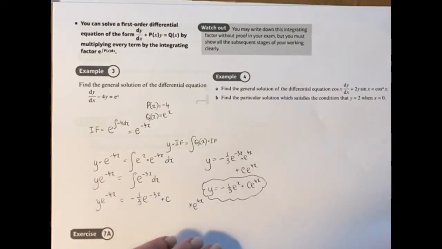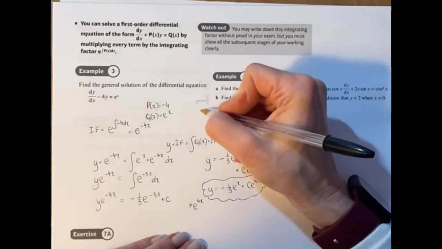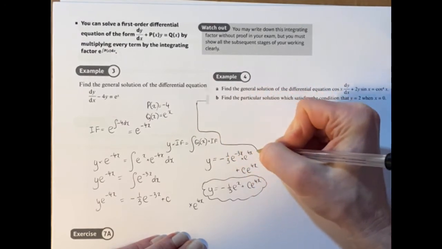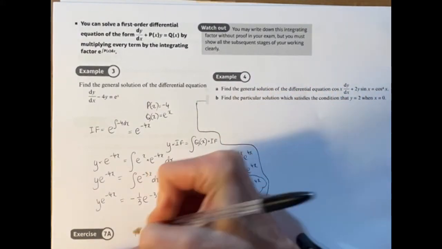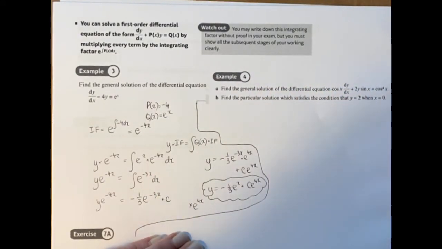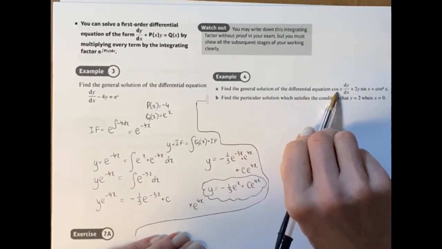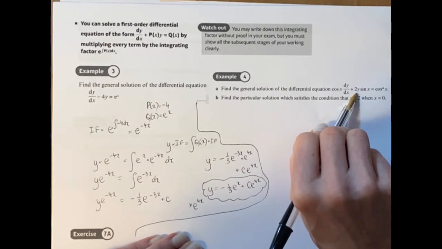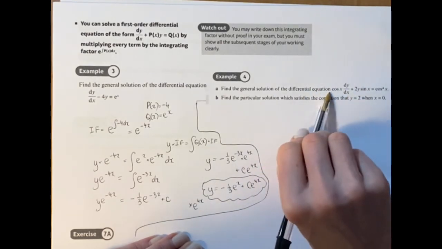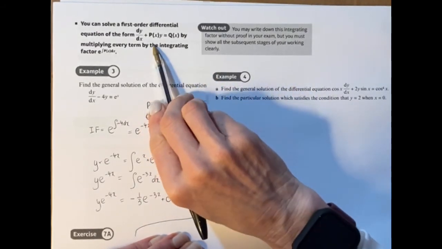Okay, so the next example, we'll do those two examples first, and then I will explain why that works. So the general solution to this particular differential equation, first look over the differential equation. So I'm going to think, can I use integrating factor?